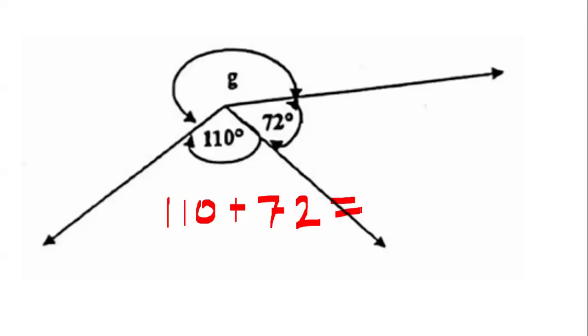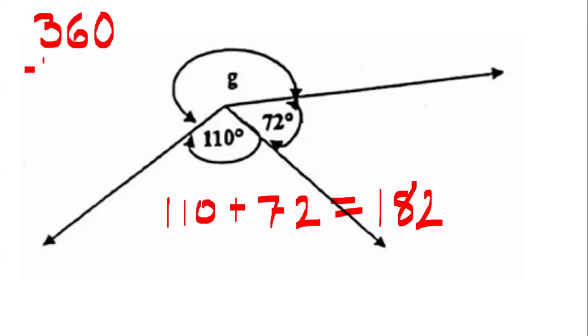But do we end there? No, sir. What do we have to do now? We have to take away 360 from 182. 360 minus 182.